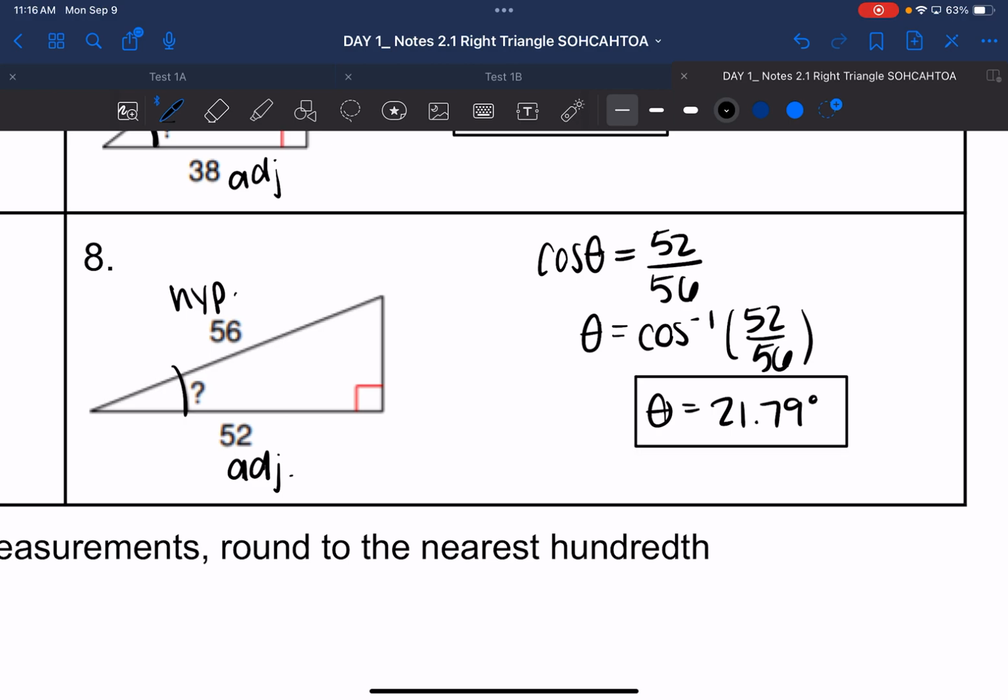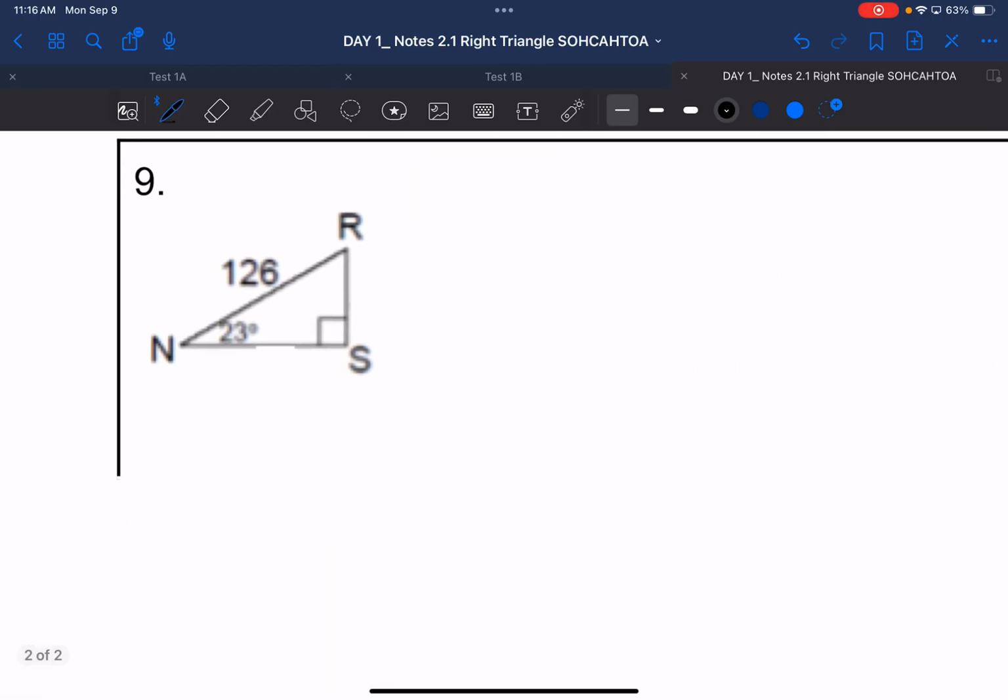Good job. Okay, the last section says solve each triangle by finding all of its missing measurements and rounded to the nearest hundredth. So if you'll flip it over on the back, we've got a couple pictures to look at. On number 9, we were given this angle of 23 degrees. And what is the 126?